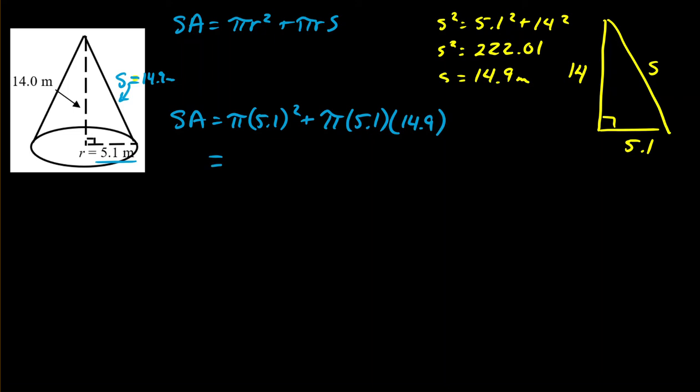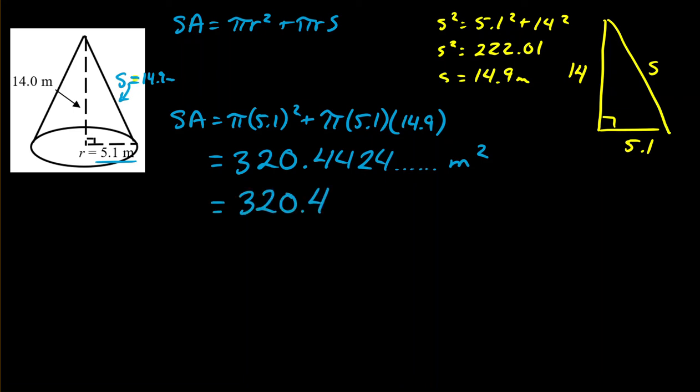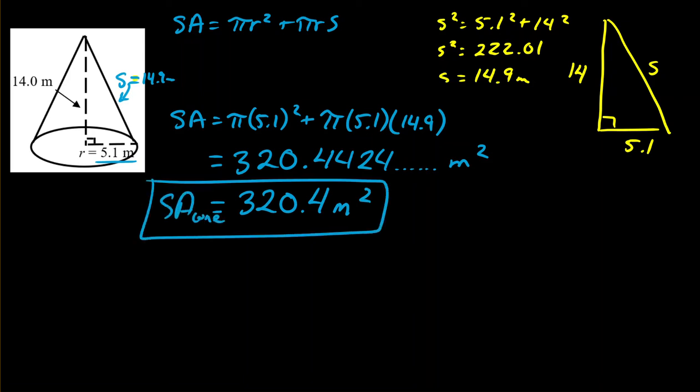When I calculate pi times 5.1 squared plus pi times 5.1 times 14.9, we get 320.4424 something meters squared, and rounding to the nearest tenth, this is 320.4 square meters. Perfect. The key here again is recognizing that they're not giving us the slant height. We have to find it using the Pythagorean theorem.